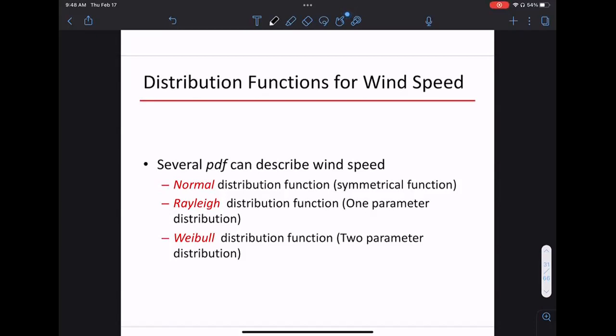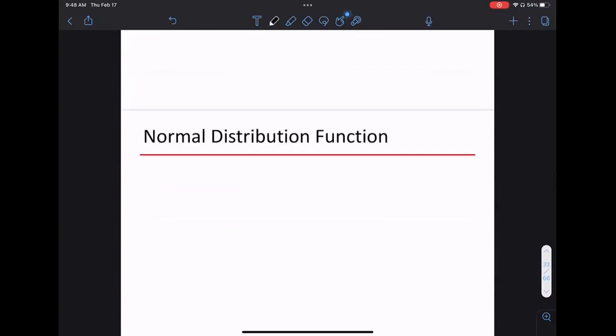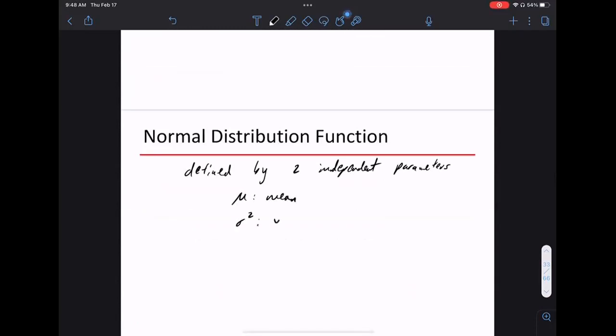The normal distribution is very nice because it's entirely defined by two independent parameters, mu, the mean, and sigma squared, the variance.